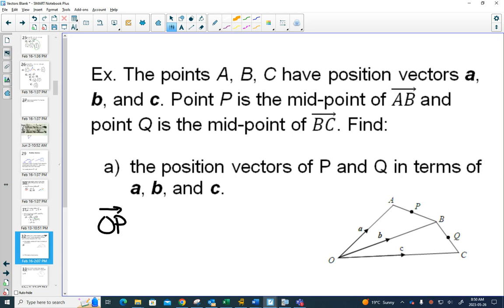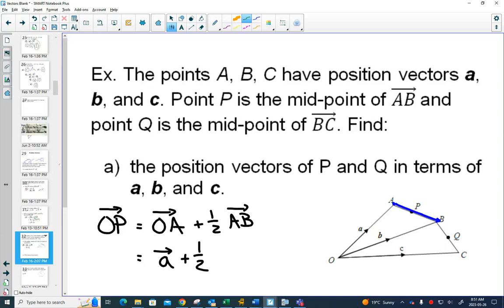And so we start traveling. If I want to get from O to P, I could go from O to A, and then go halfway from A to B. O to A is just position vector A. How could I get from A to B?